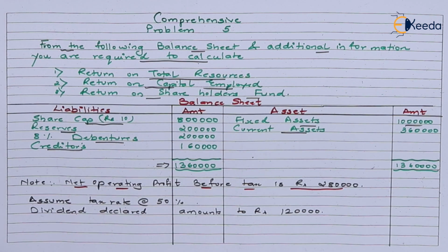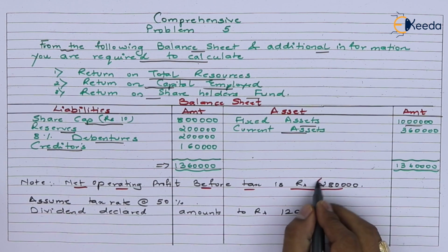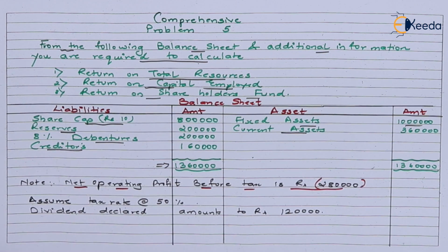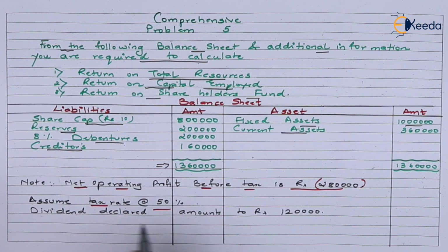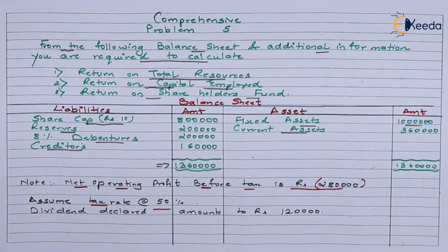So net operating profit before tax has been mentioned down here as 2,80,000. The tax rate has been mentioned as 50%.